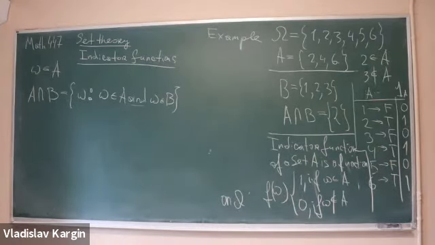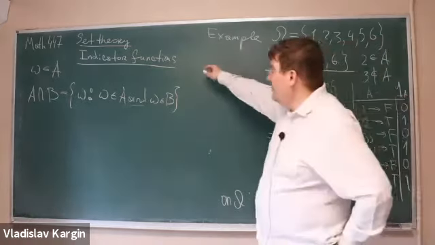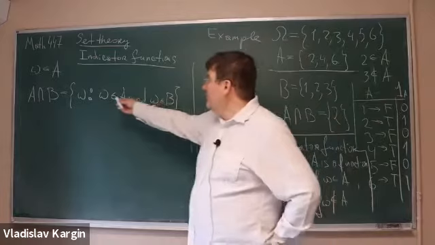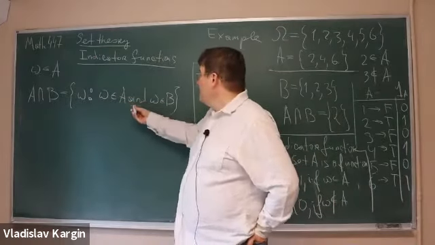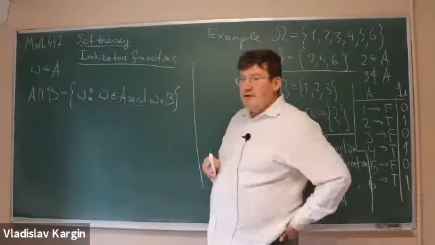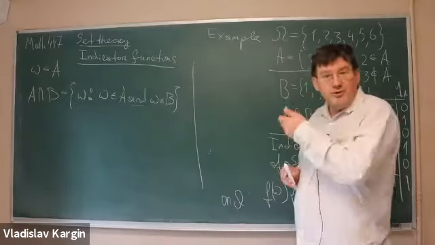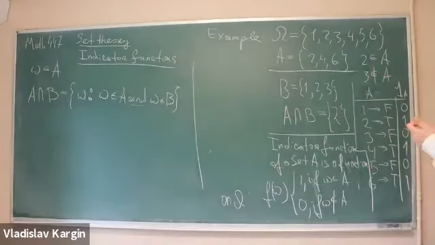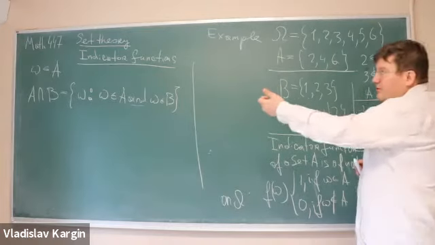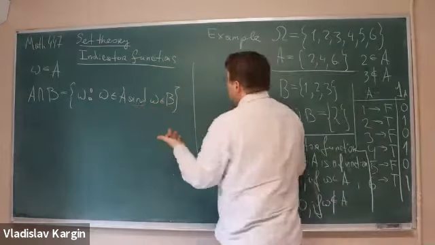Right. And so now, I say omega belongs to A and omega belongs to B. How can we write it in terms of indicator functions? For this we need to understand what AND means.